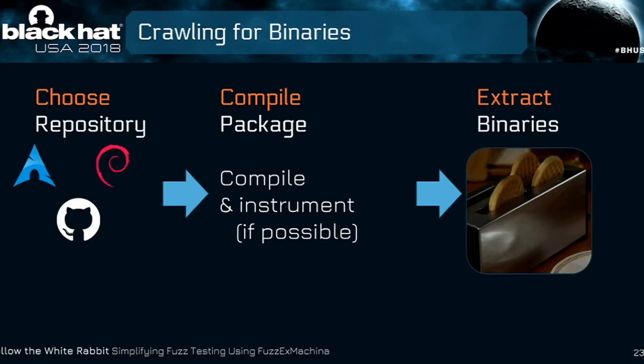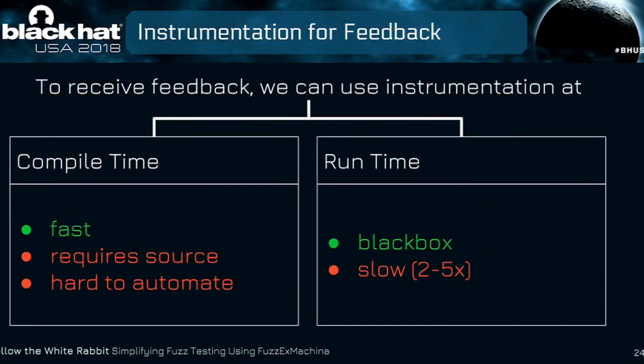Once you've done that, FExM tries to download the source of the packages and compile it, and also add instrumentation where possible. It also tries to, after the compilation step, extract ready-to-run ELF binaries that we later on want to fuzz. So before we move on to the next step, let me quickly clarify what instrumentation means.